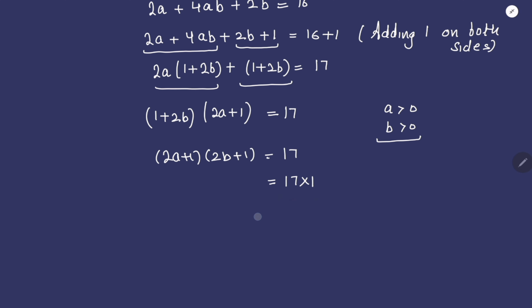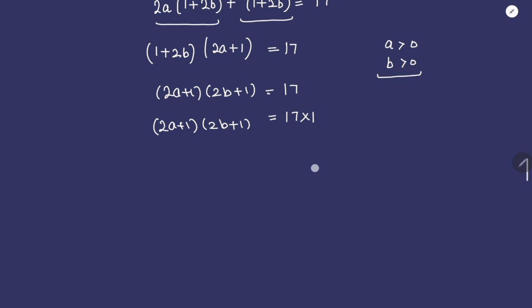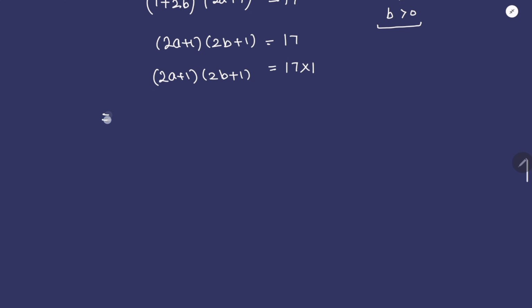So suppose I considered this case, 2a plus 1 times 2b plus 1 is equal to 17. So 2a plus 1 is 17, and 2b plus 1 is 1, right?